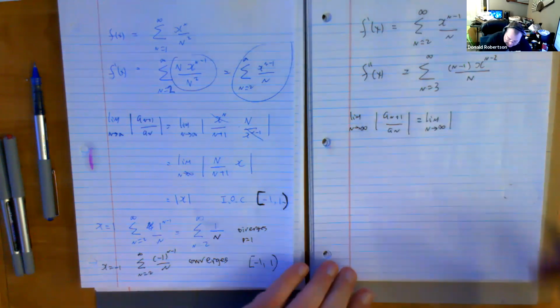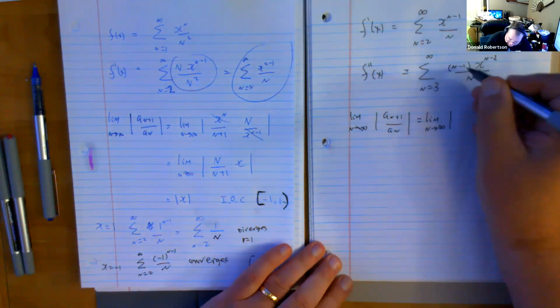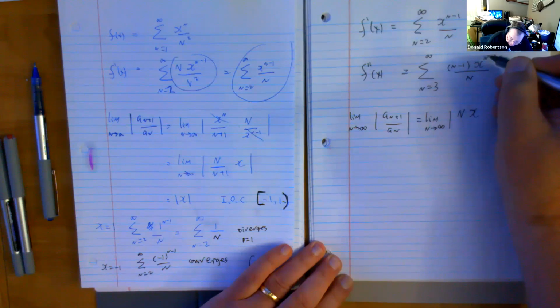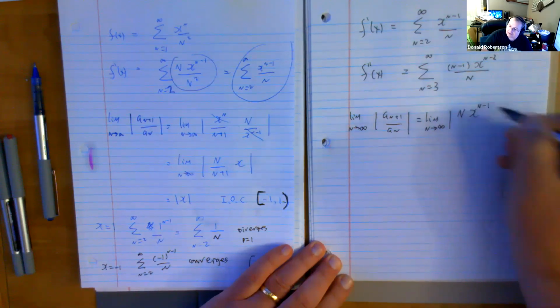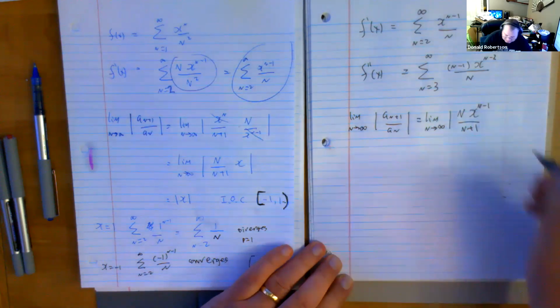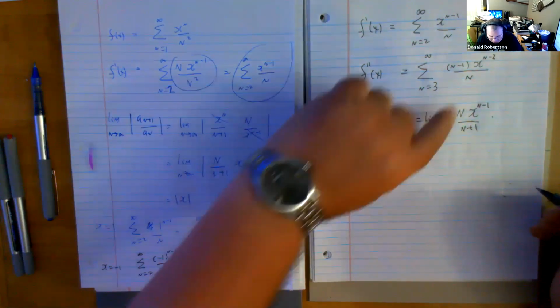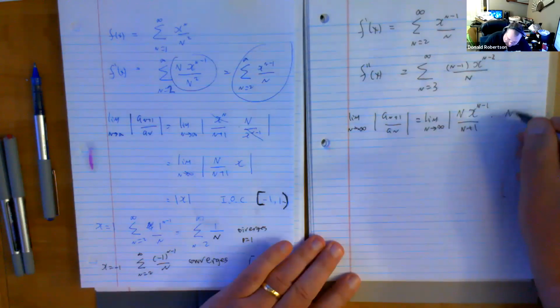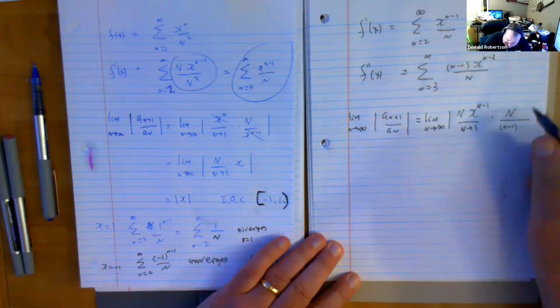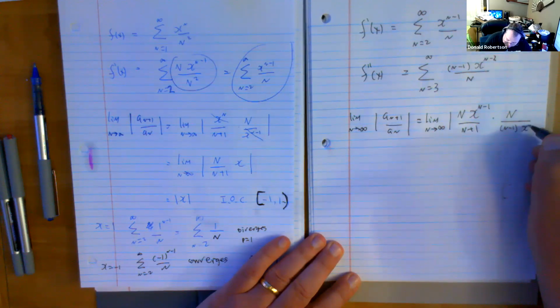So let's see what we get. n plus 1, take away 1 gets you n. x to the power of n plus 1, take away 2, still leaves you with an n minus 1 guy. And n being replaced by n plus 1 gets you that guy. And then the reverse one is basically this guy, but turned upside down, with n, n minus 1, and n minus 2.